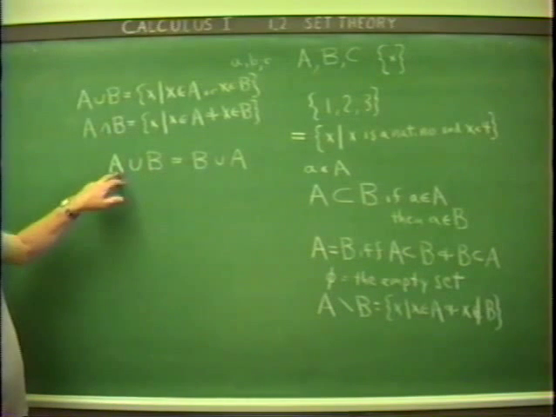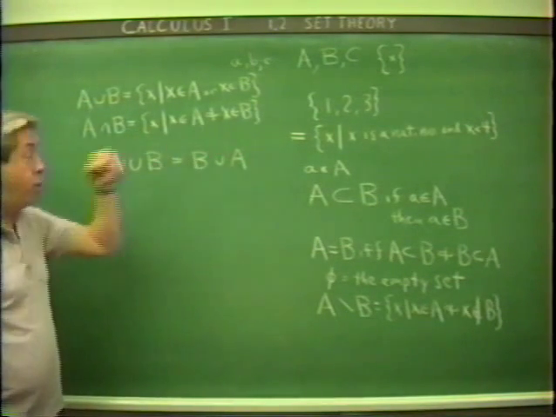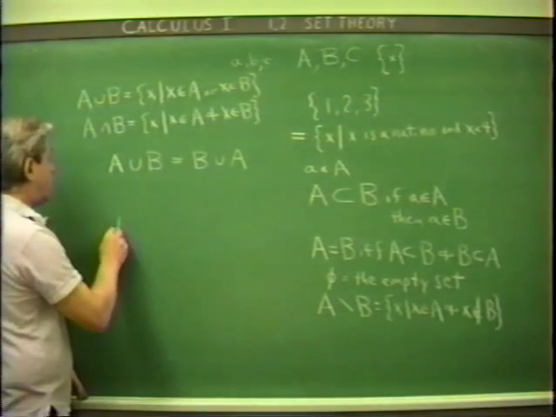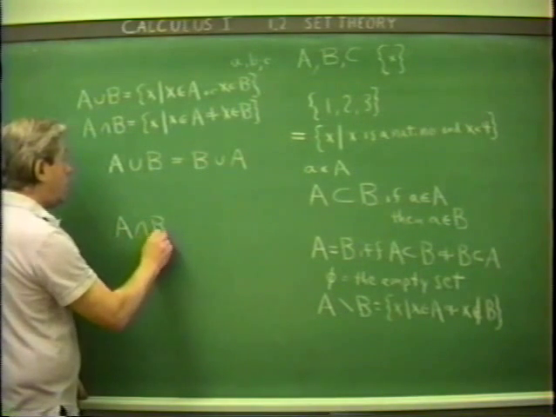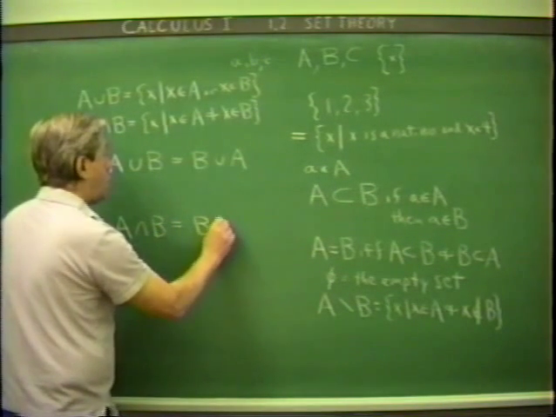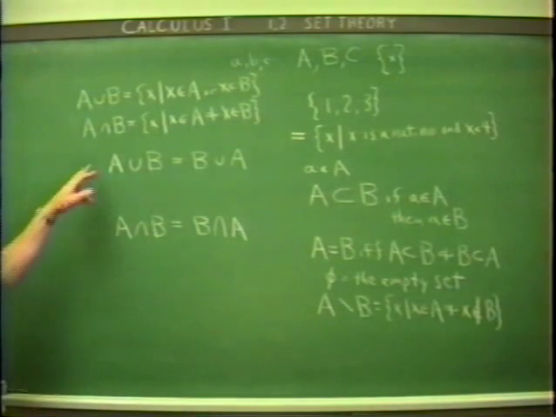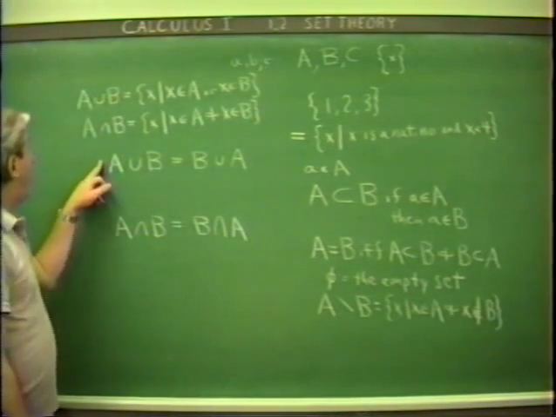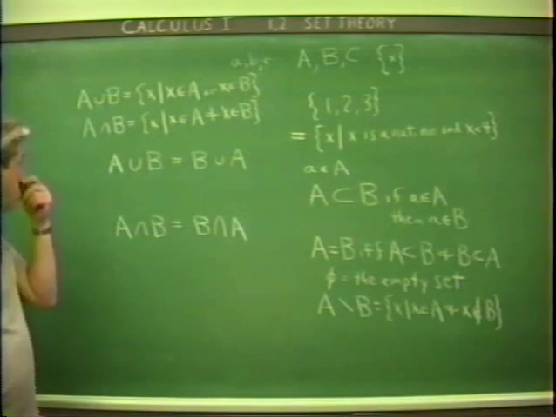Thus, if x belongs to A union B, then it belongs to either A or B or both, and so consequently it belongs to either B or A or both. Similarly for intersection. A intersect B is the same set. It's equal to B intersect A. This is a sort of commutative law for union and one for intersection.